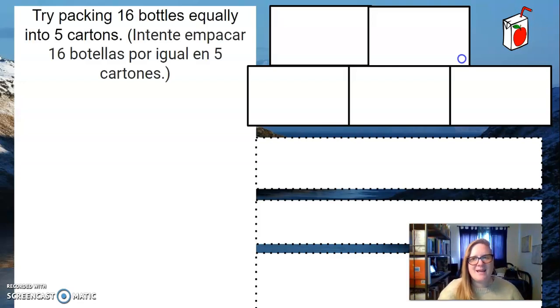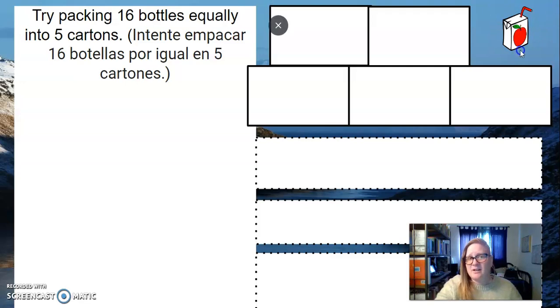So try packing 16 bottles equally into 5 cartons. So I provided you with these little juice boxes. They're more boxes than bottles, but it's okay. And then I want you to drag and drop them into these 5 cartons, boxes.